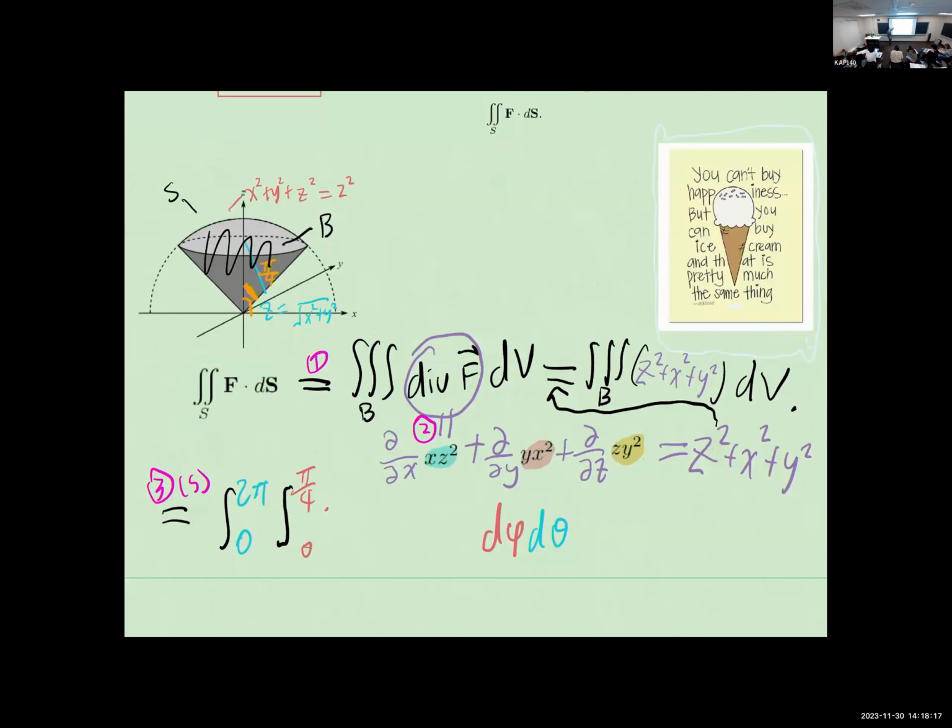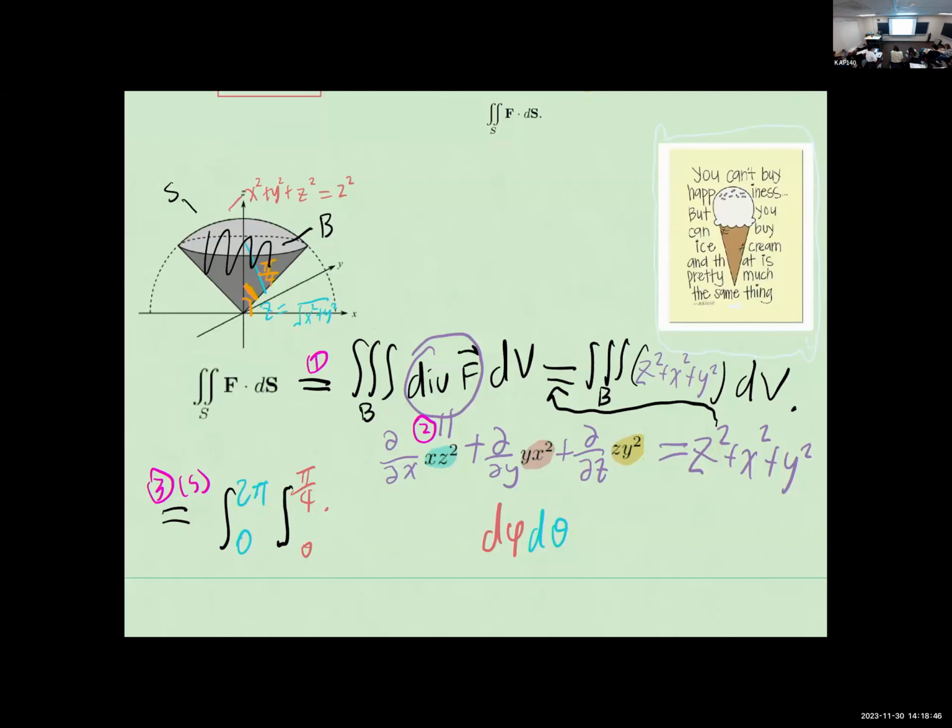Again, because the z-axis in the spherical coordinate system corresponds to phi equals 0, that's why the lower bound for phi is 0. And this half cone with this angle pi over 4, that is the cone in the graph. It corresponds to phi equals pi over 4. That's why the upper bound is pi over 4. Is that clear? Yeah, that's good.